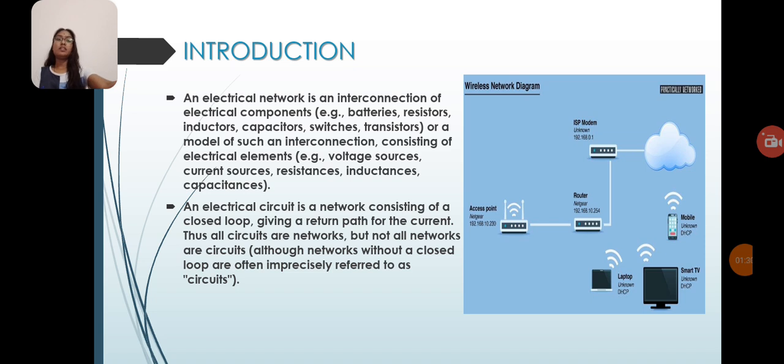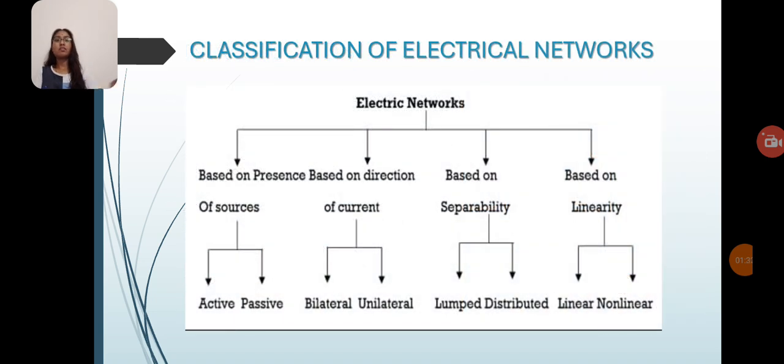And next is classification of electrical networks. These are classified based on type of sources. First one is based on presence of sources. In this, first one is active networks and passive networks. Second one is based on direction of current.